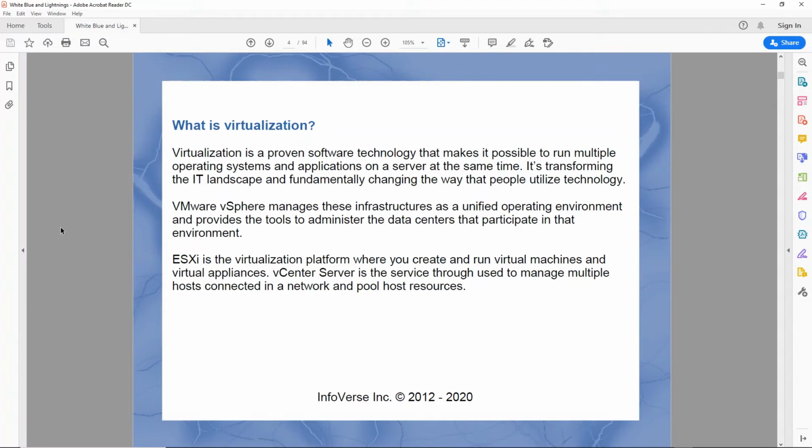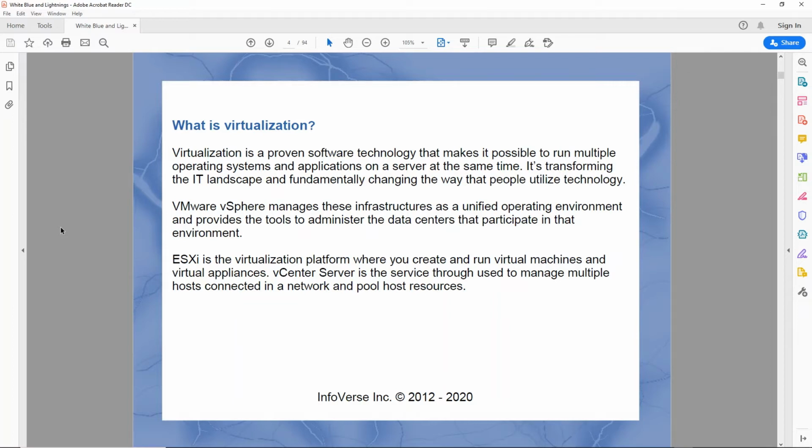So let's talk about virtualization and its concepts. Virtualization has been in the IT area for a number of years, but in the last 20 years it has become a proven and very reliable technology, especially with a lot of work by VMware, which is still the leading virtualization vendor today.